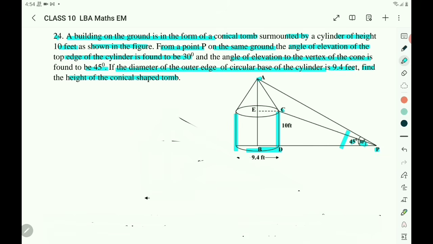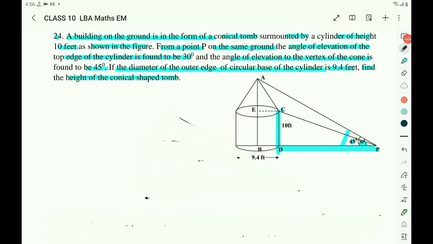Then the height of the cylindrical portion is also given. By using that, you will get the distance of the point P from the building. And to find the conical portion height, we have to find AB.